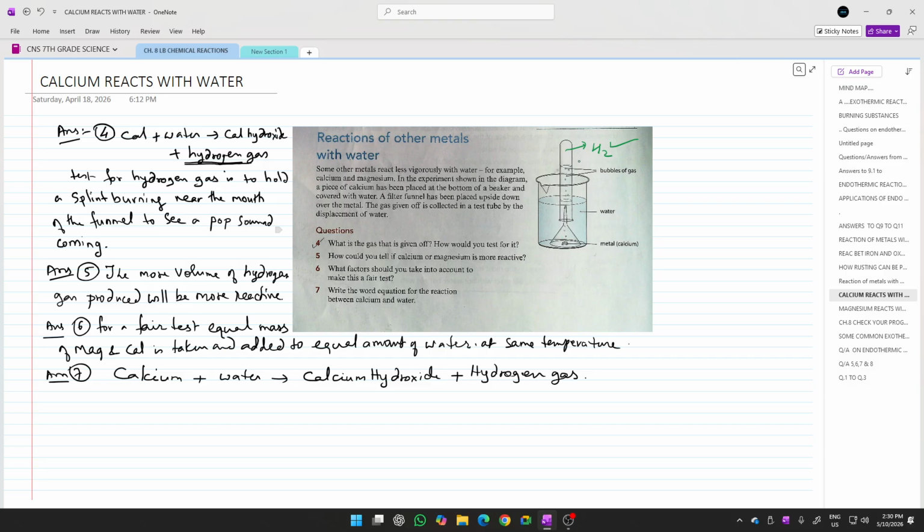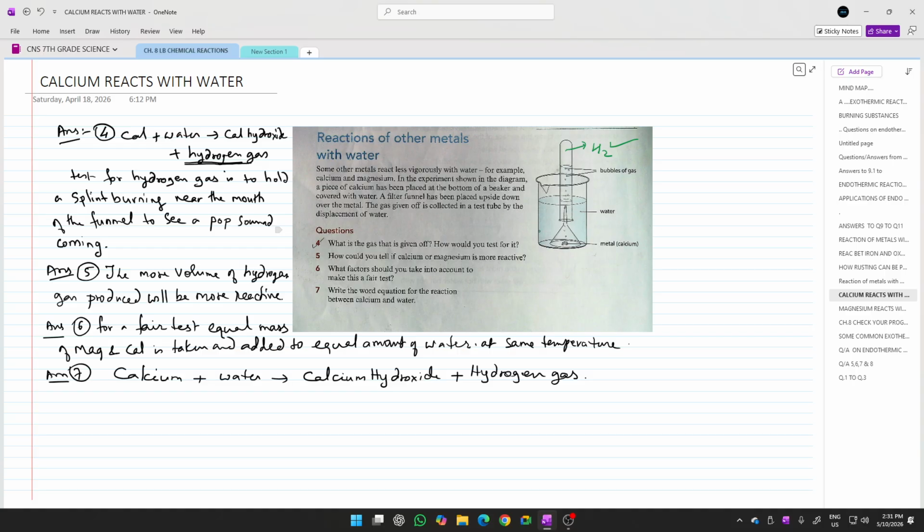Basically the hydrogen that is formed in this reaction is collected in this test tube, and once you want to use this hydrogen, you just remove the test tube and place your thumb or a stopper on it. So you will get the hydrogen gas trapped in the test tube. This is how the entire process takes place.